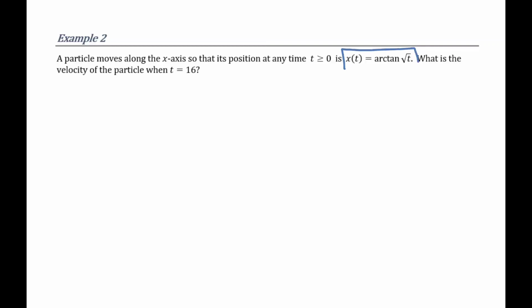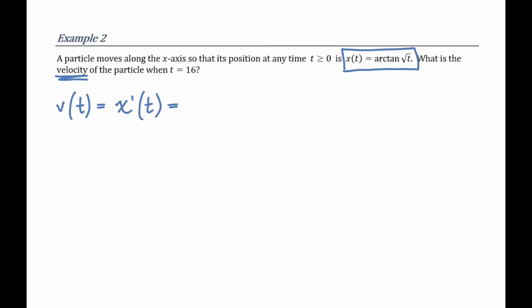Okay, so what we have is a function describing the position of the particle. We know that velocity is the first derivative of position. So the velocity is what we're looking for. That's the same thing as the first derivative of position.